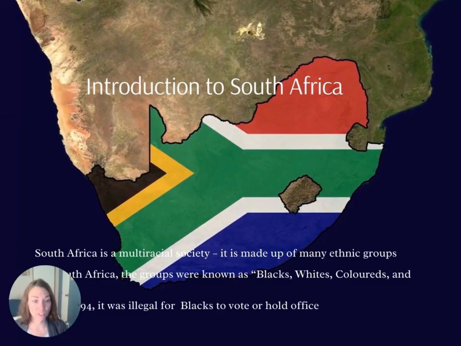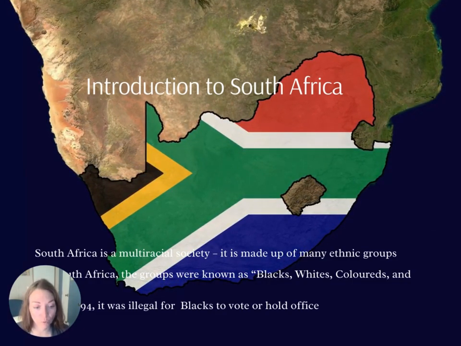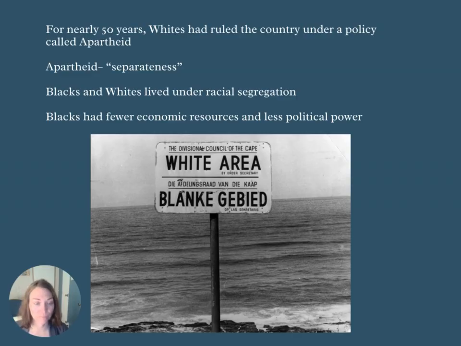And it's important to note that before 1994, it was illegal for the group known as Blacks to vote or hold office. So for nearly 50 years, the whites ruled the country under a policy called apartheid.